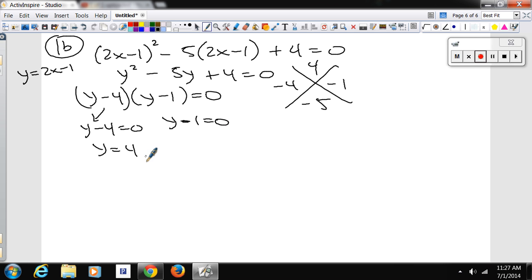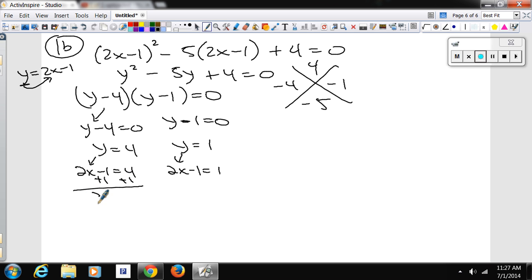So we got a 4 and a 1 for the two answers for y. But now y equals 2x minus 1. So if I want to figure out what x actually is, I got to take this y out and put the 2x minus 1 in its place. So 2x minus 1 equals 4, and 2x minus 1 equals 1, and solve those two for x. That'll give me the x value.